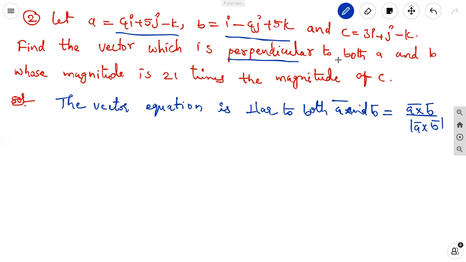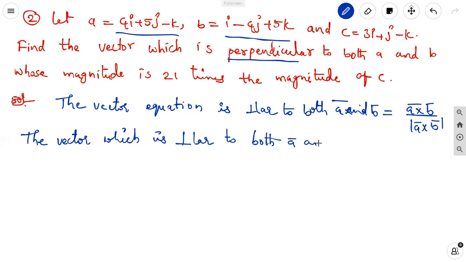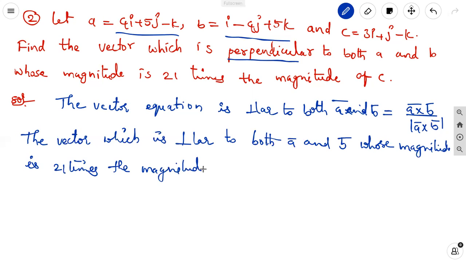And that vector which is perpendicular to both A vector and B vector, and whose magnitude is 21 times the magnitude of C.